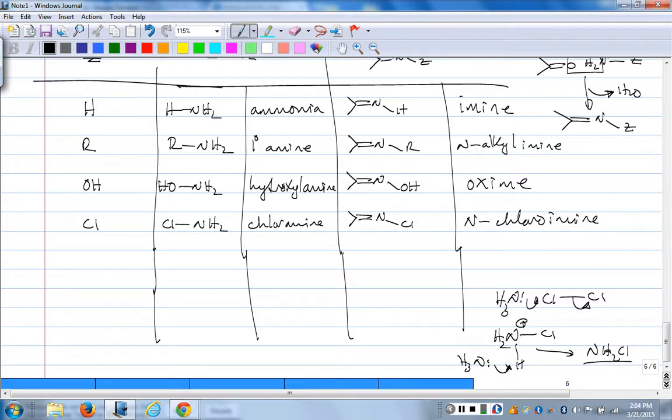Chloramine is toxic, and it's volatile. And so if you're in a closed room, you're breathing in this toxin, right? And so you'll be dead. So just an FYI.